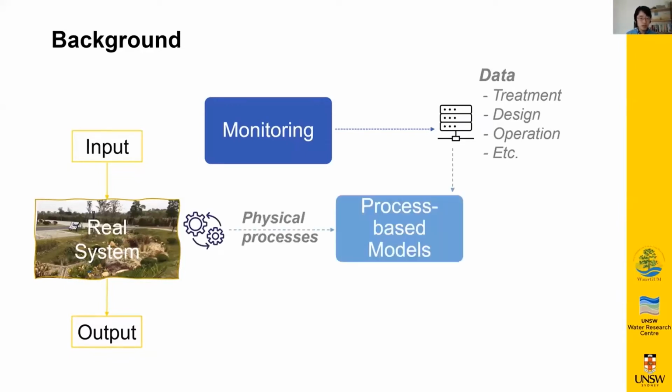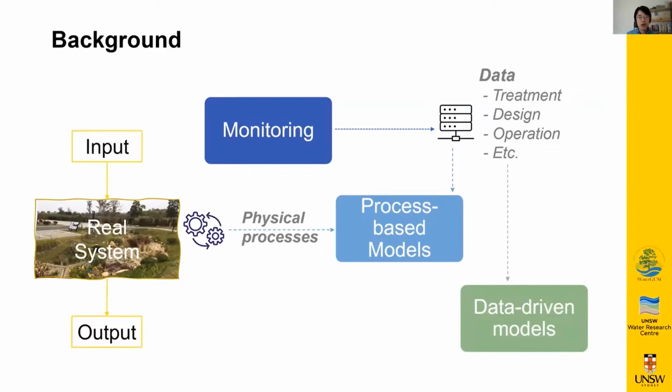In the meantime, if we understand the physical processes, how the water goes through and how the pollution is transformed or taken up, you can build process models, which are relatively complicated but possible and reflect the reality of the whole processes. More recently, data-driven models have been increasingly used to understand or predict system performance.